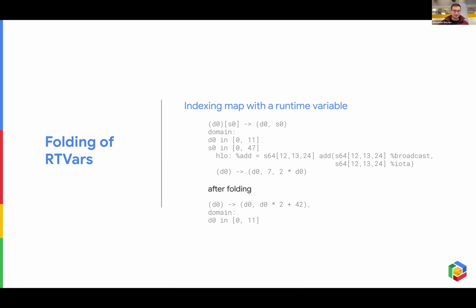That's what it's used for. In many cases, you can actually fold this runtime variable away, because you can see, oh, it's a broadcast of IOTA. That means I can use my dimension of the output to compute the index, because IOTA depends on the index of the dimension. Okay, thanks, it helps.